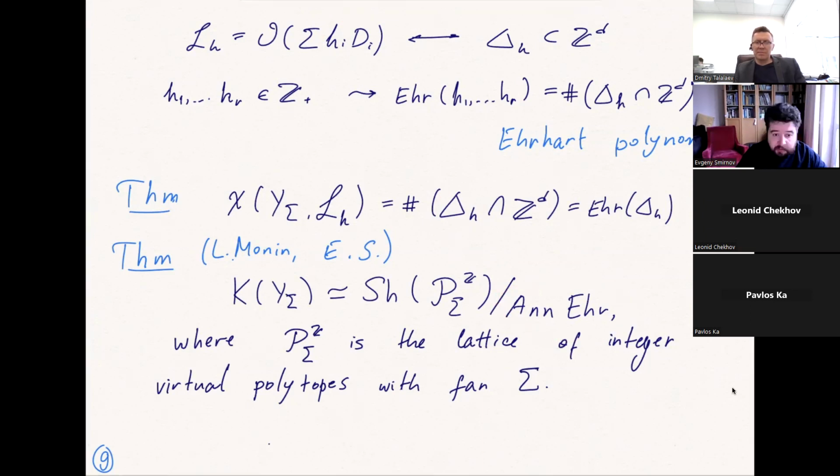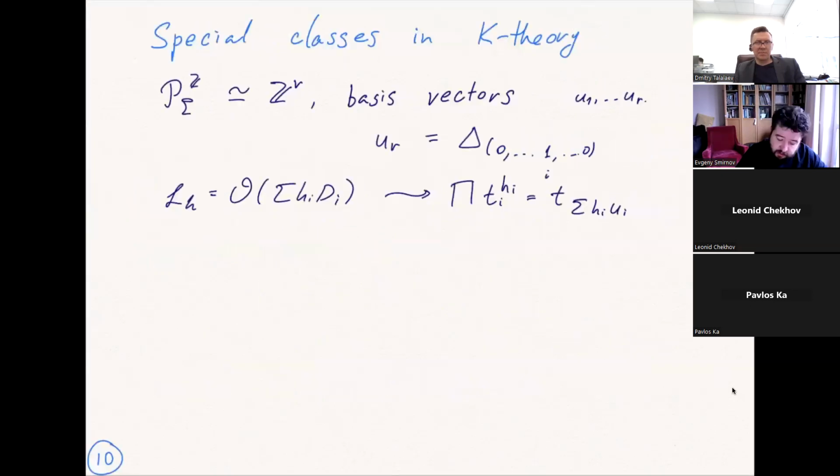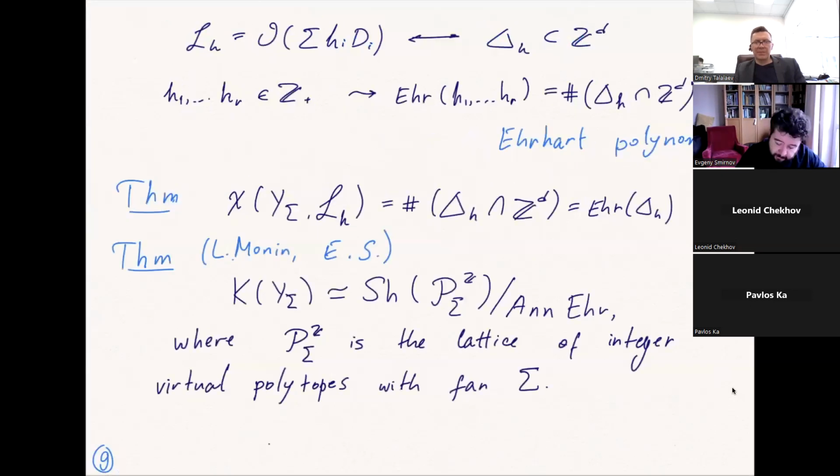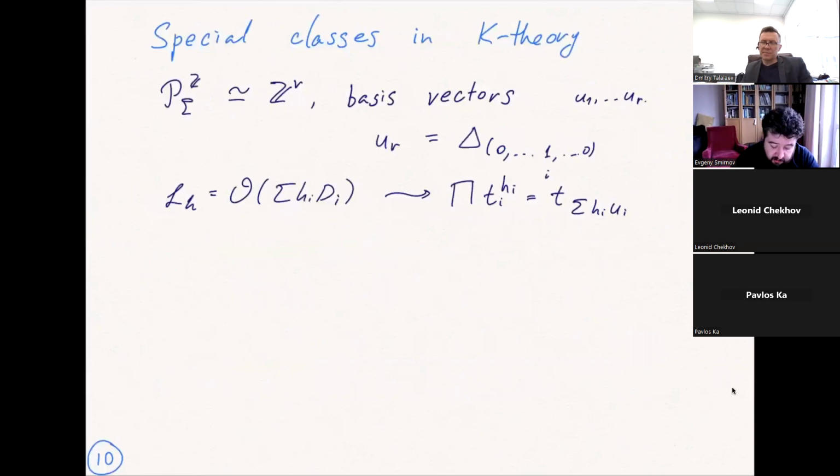Right. And this theorem you can use to actually make some computations in K-theory just by looking at a polytope, considering its faces, intersecting them and computing the number of points. Let me briefly comment on that.